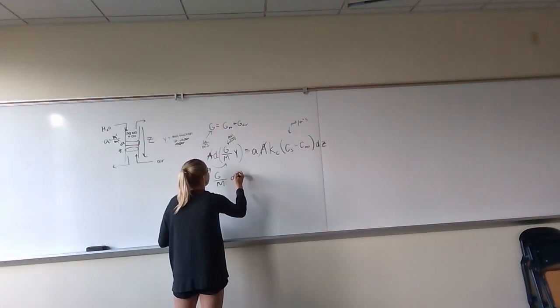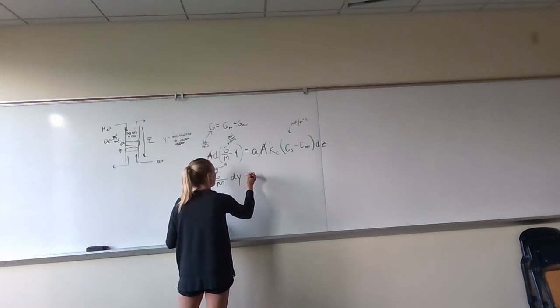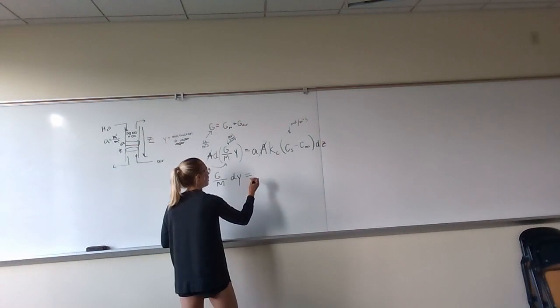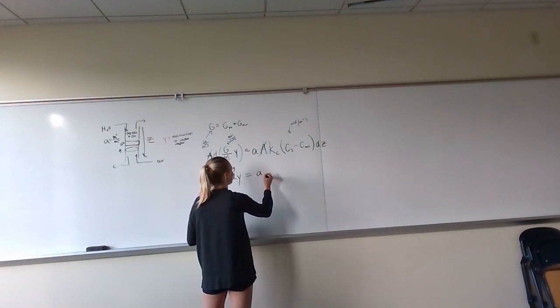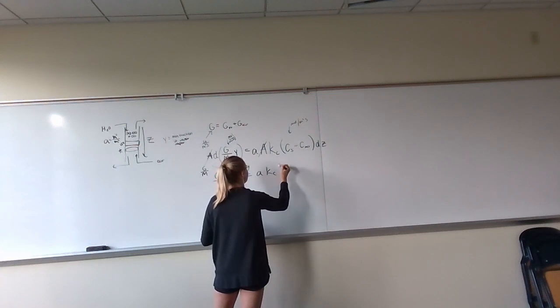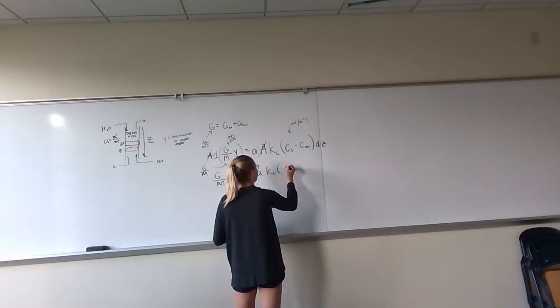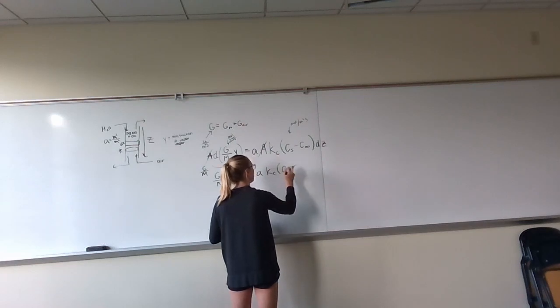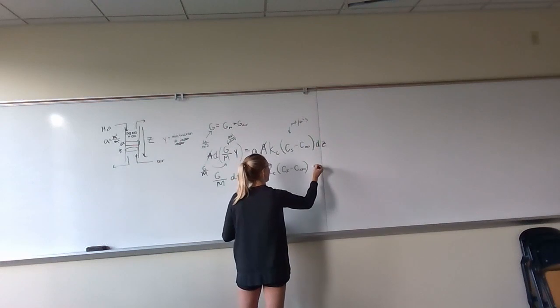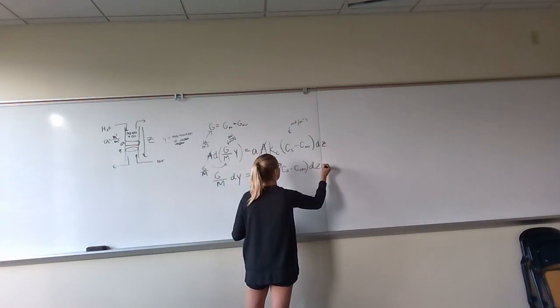So G over M times the change in mole fraction is equal to the specific surface area a times the mass transfer coefficient Kc times the concentration driving force times the change in position.